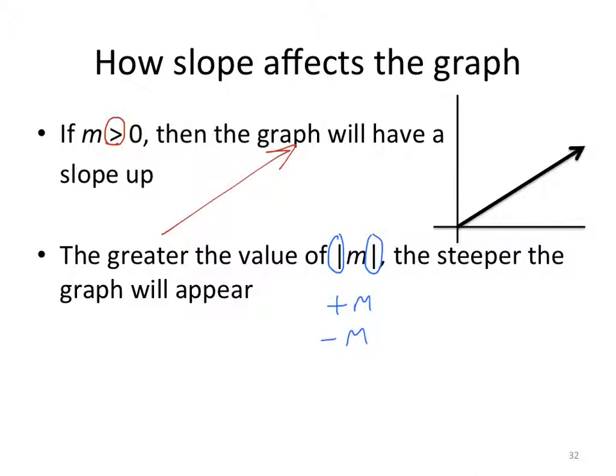Either way, the greater that value, or the greater the absolute value, the steeper the graph will appear. So we say we have a smallish m here, and you'll have a graph kind of like that. The bigger m gets, I'll make a big lowercase m right there, it's going to be much steeper. A greater rise for a given run.